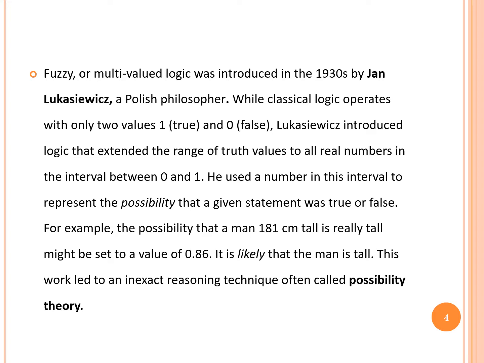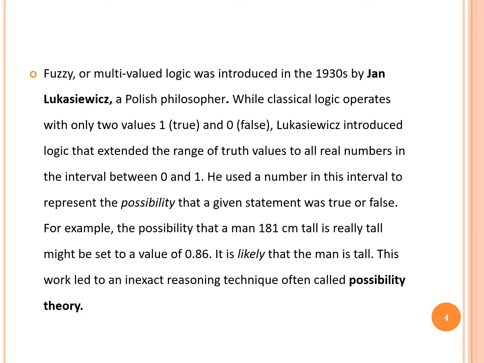While classical logic operates only with two values, true or false, Lukasiewicz introduced a logic that extends the range of truth values to real numbers in the interval between 0 and 1, where he used a number in this interval to represent the possibility that a given statement is either true or false.